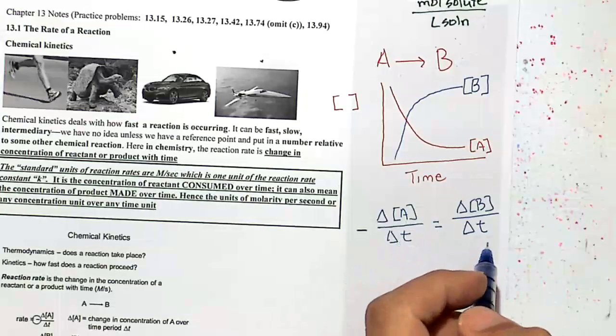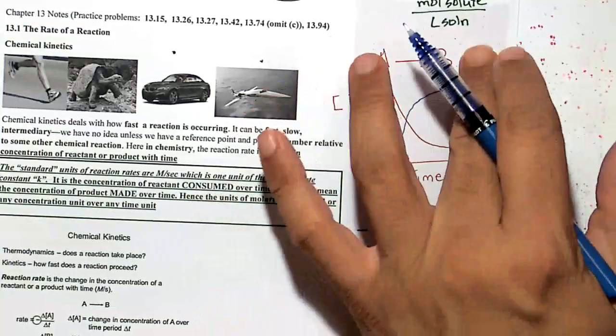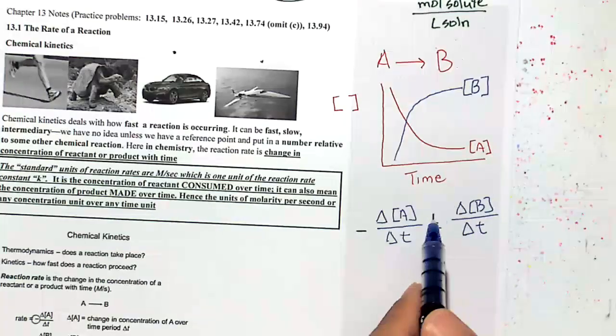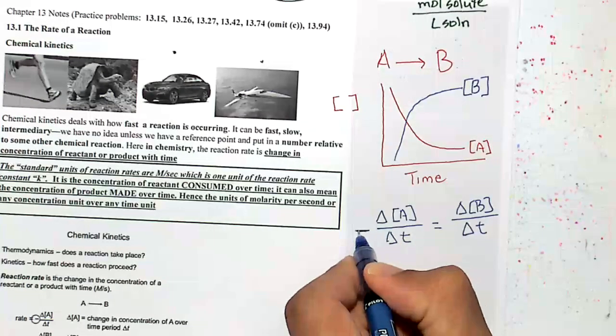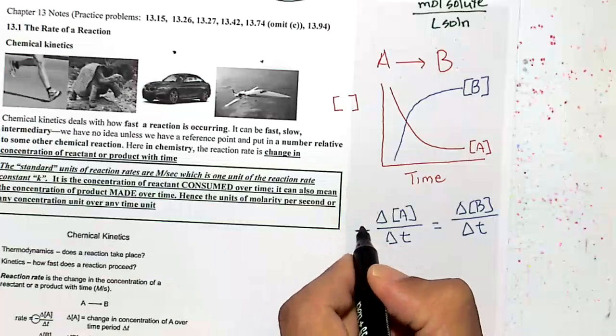A is going to go down, and what's going to happen to B? Go up, because it's 1-to-1, 1 mole A to 1 mole B. This is the relationship. Notice here, why is it negative, Bailey? Because they're inverses of each other.